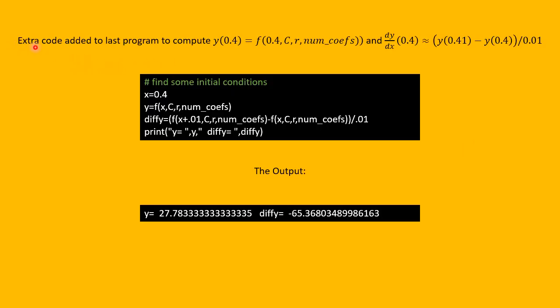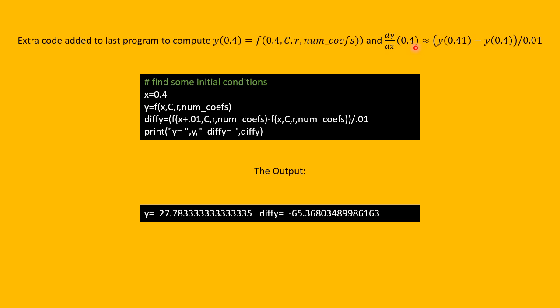So here is the extra Python code added to our last program to compute y of 0.4 and also the derivative of y with respect to x evaluated at 0.4. Remember, in that program, the value of y at 0.4 would be calculated using our Python function f, at 0.4, c, the list of coefficients, r, and the number of coefficients.